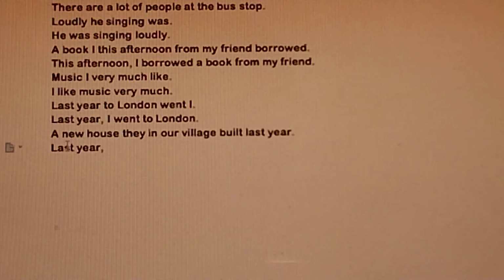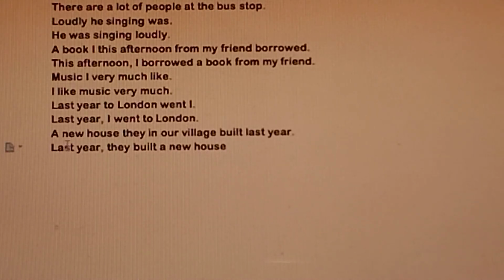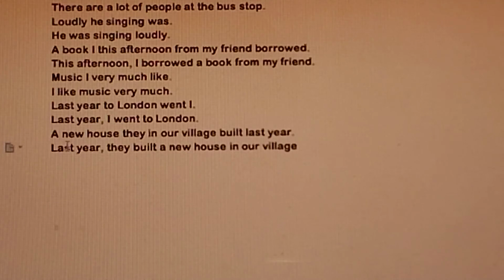Last year, who? They did what? Built a new house. Where? In our village. Last year, they built a new house in our village.